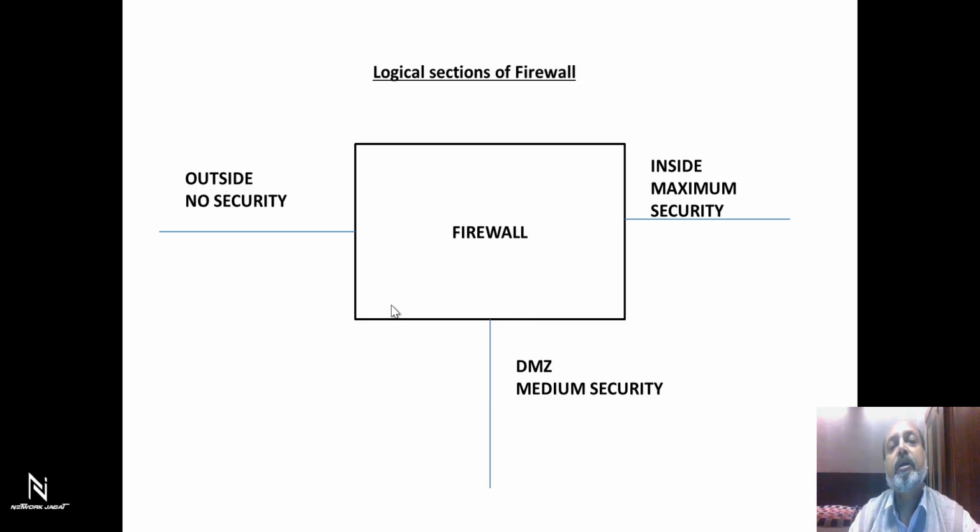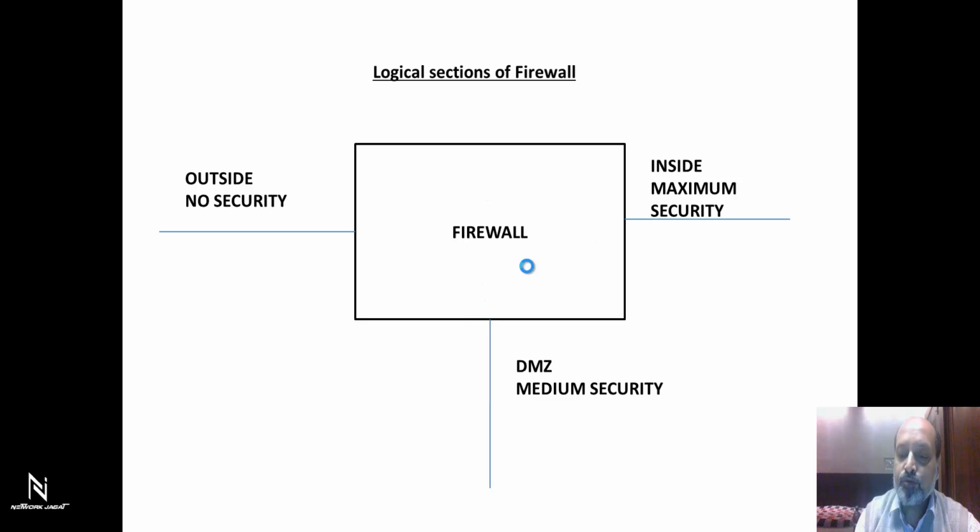Not only interfaces, you can also have sub interfaces in these different zones. So these are zones, not interfaces. They may comprise a single interface, or multiple interfaces or sub interfaces. That depends upon how you are designing your network, right?